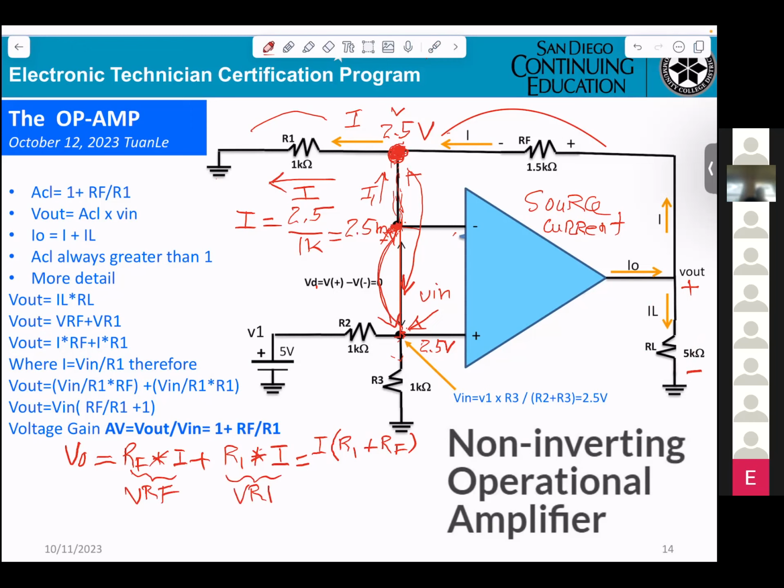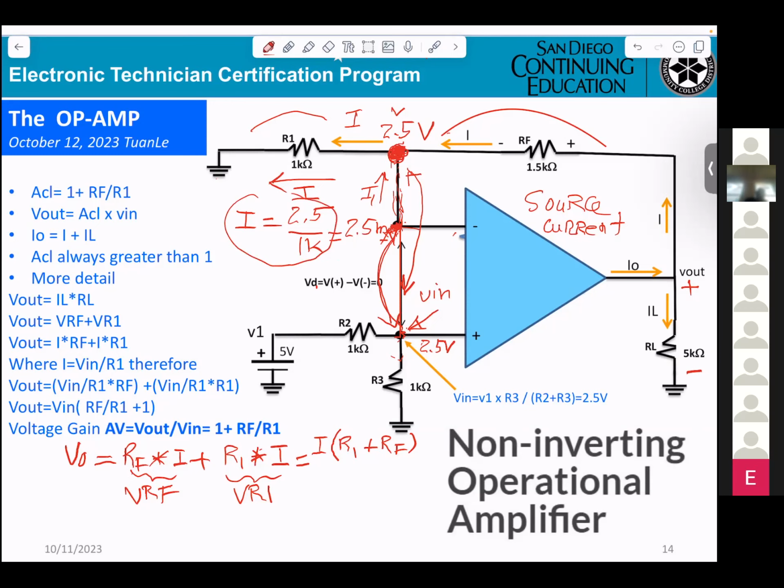And V out equals I times RF plus I times R1. And I will be V in divided by R1. We already told you right here.